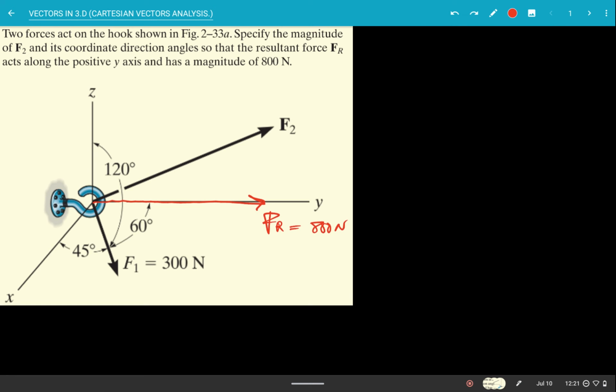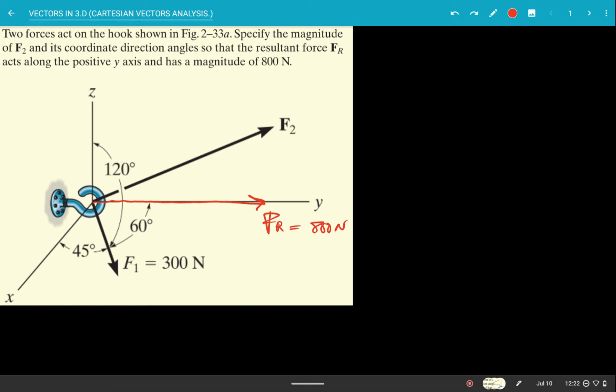So let us now try to find this unknown component, which is F2, just using the resultant and one of the components given. The first thing we'll do is to express F1 as a Cartesian vector, because we need to express most of these vectors as Cartesian in order for us to evaluate them. Every time you have these coordinate directions, always express the force or the vector having the coordinate direction in Cartesian form.